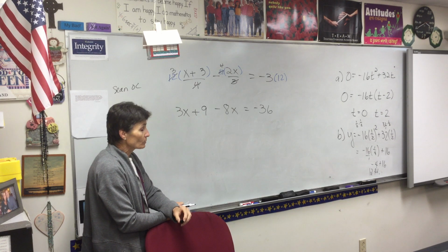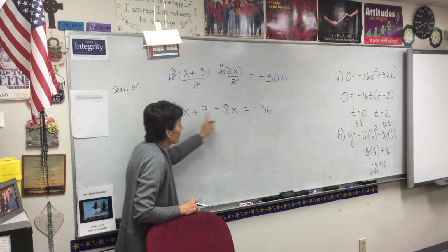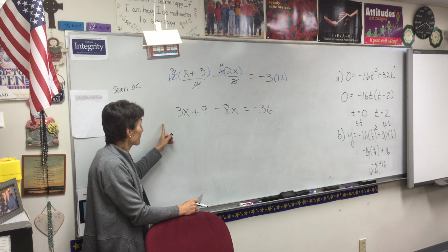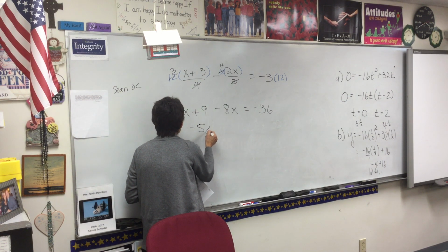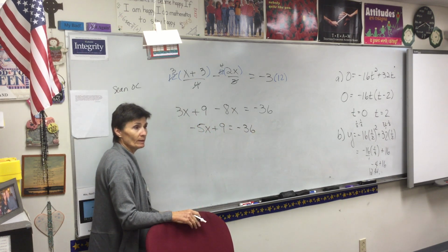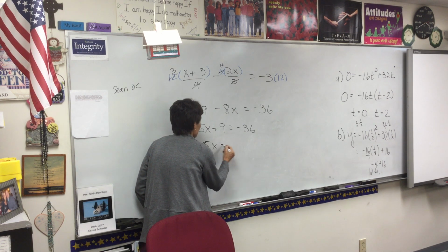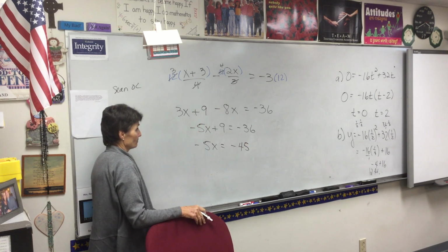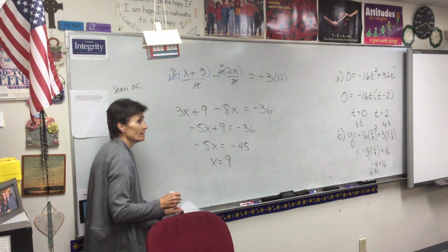The reason that you multiply by 12 is to make these denominators go away. So I have an equation now with no fractions. Negative 5x plus 9. Does that look okay to everyone? So negative 5x equals negative 45. So x equals 9. That worked out nicely.